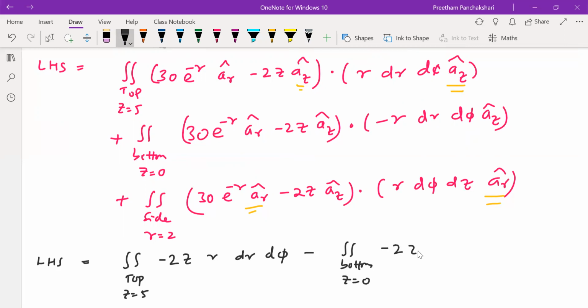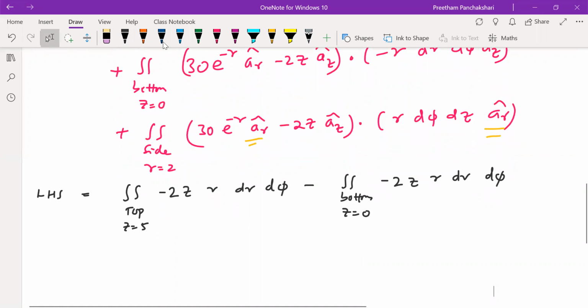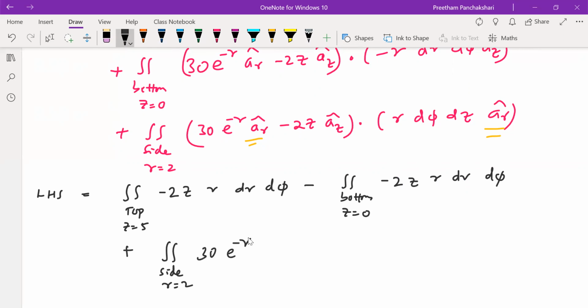We have the same minus 2z r dr dφ. For the third term, plus the integral of the cylindrical side over which r value is 2. a r dot a r is 1. So we have 30 e power minus r into r dφ dz.